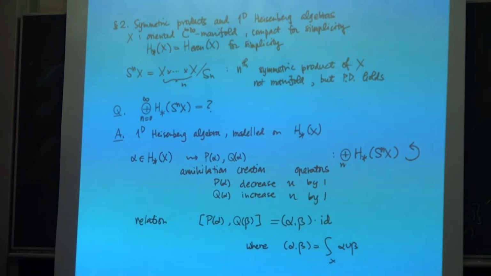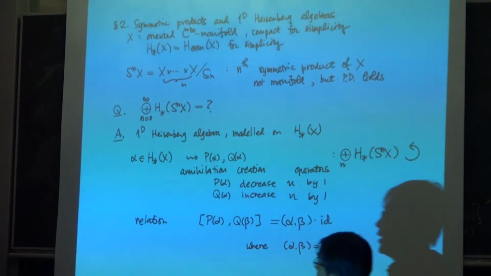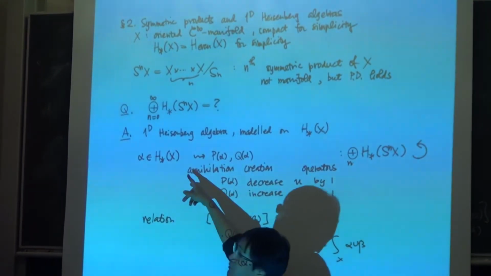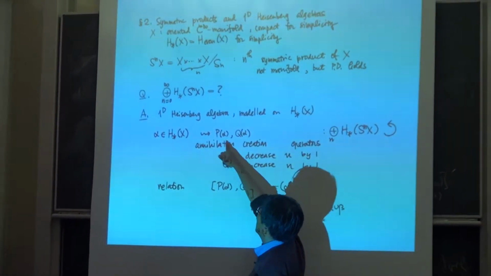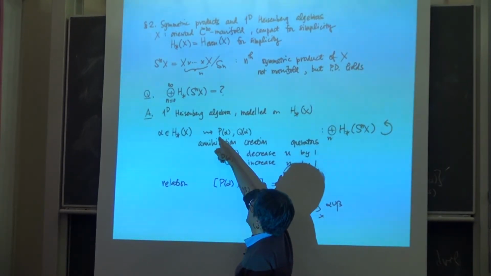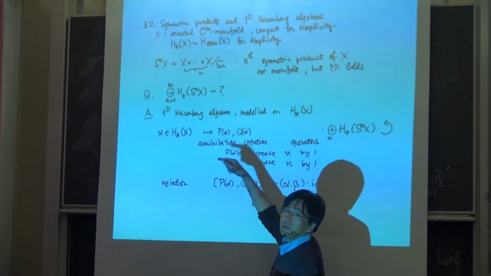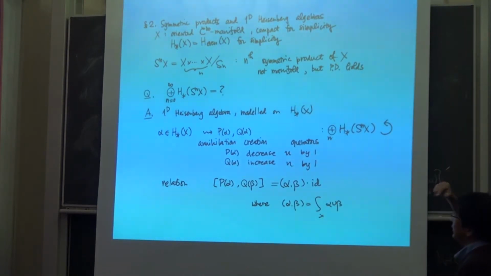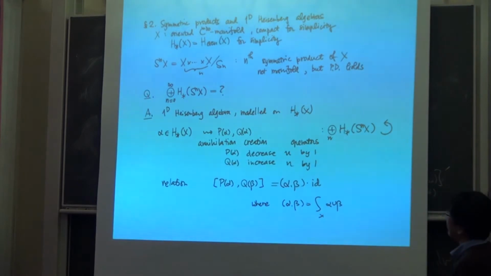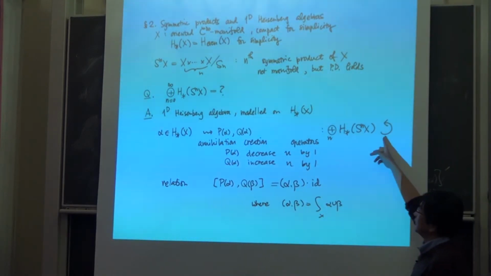That means for each element alpha in the homology group of the base space X, I have operators P alpha and Q alpha. P alpha is an annihilation operator, in physical language, and Q alpha is a creation operator acting on this space.